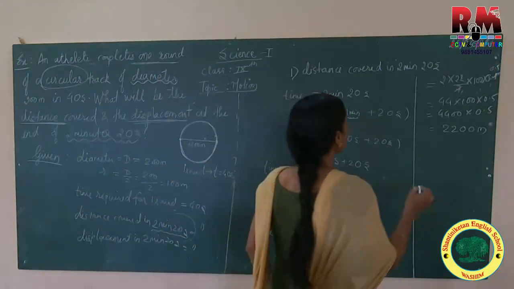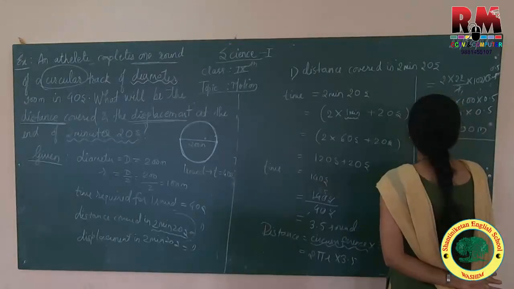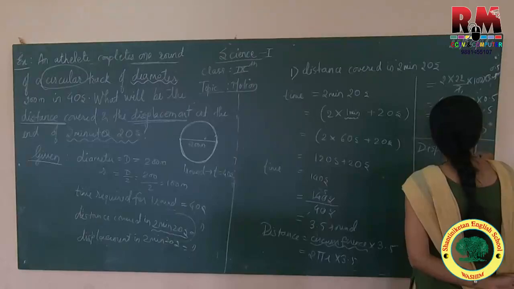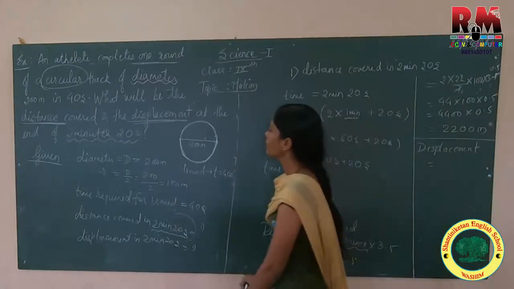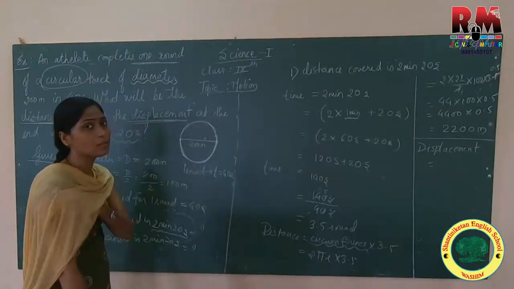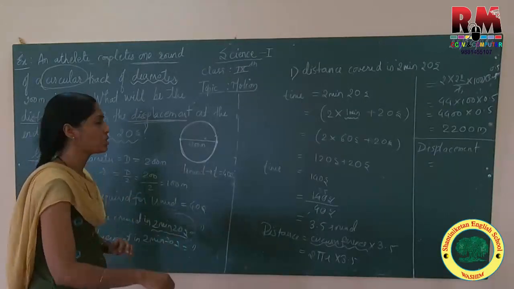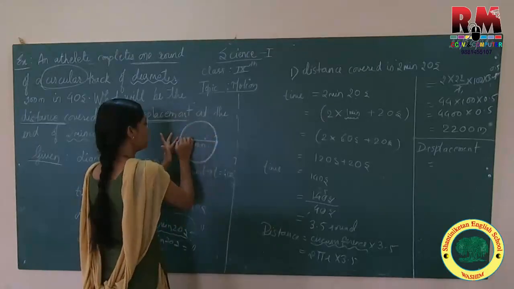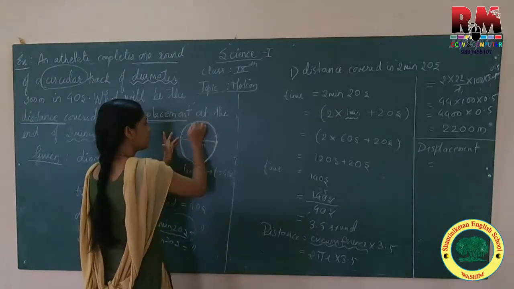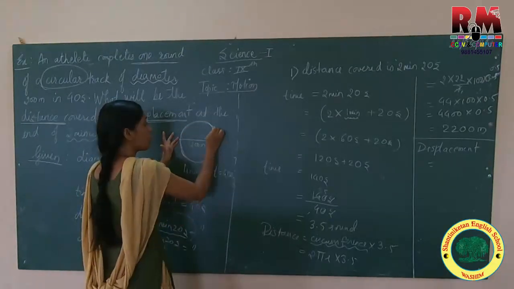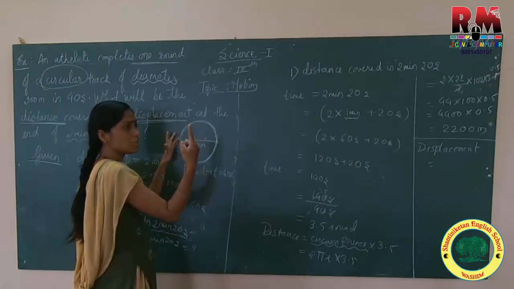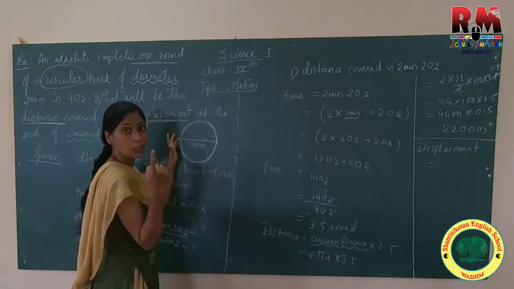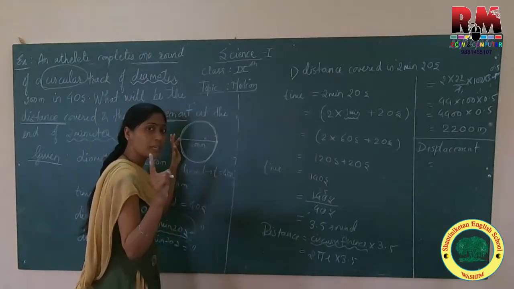Now let us see displacement. Displacement is equal to, actually we have to see the initial and final position. How many rounds? 3.5 rounds. 1 round, 2 round, 3 round. For the first round, coming back to its original position, displacement will be 0. For the second round again displacement will be 0 because initial and final position are the same.